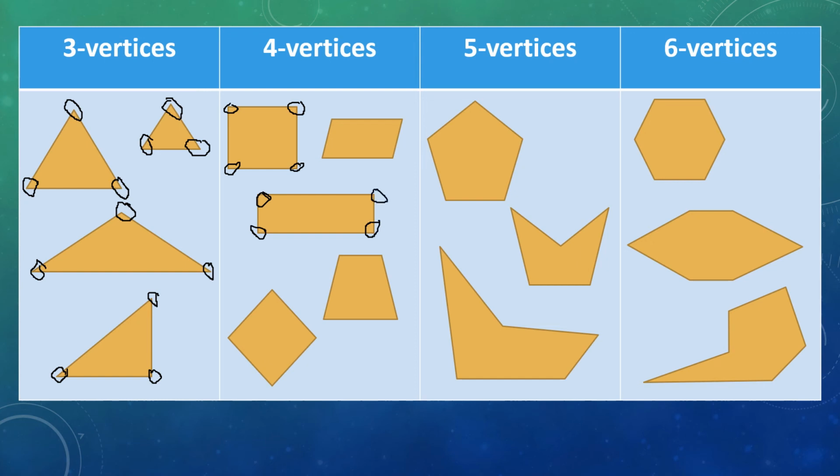So although you're not going to be able to draw on your screen when you are examining shapes today, you can use this knowledge that you've learned and your eyes to count sides, angles, and vertices.